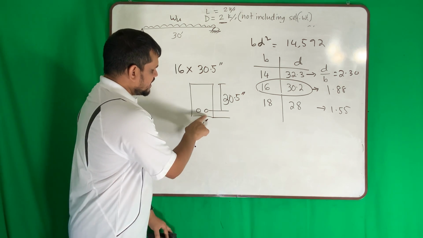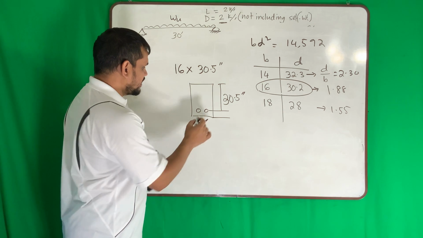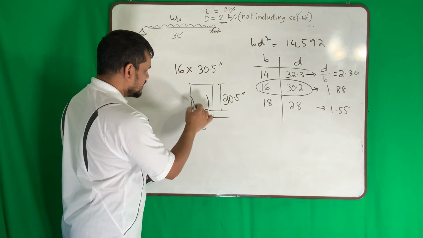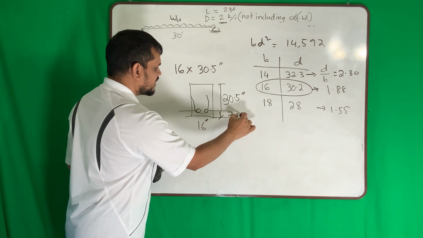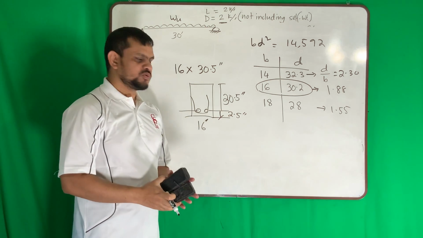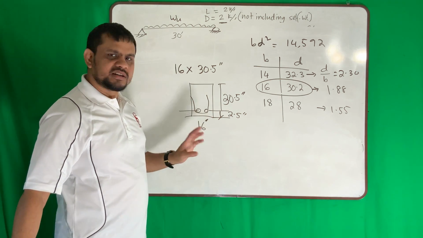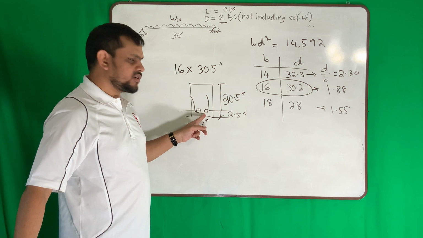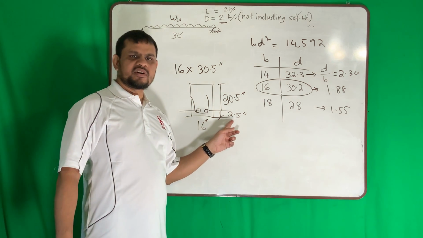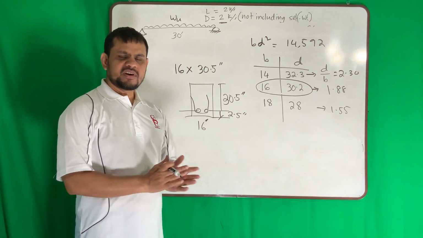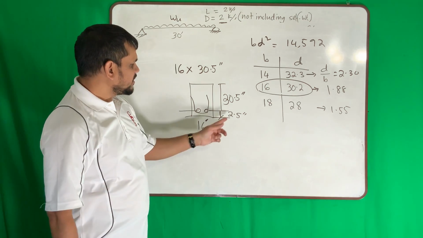Now, you know that there is some clear cover here, some tie here. If we use 2.5, very barely or very tightly, you will meet the cover requirement of 1.5. You can use 2.75 or 3 inch, but 2.5 is a very conservative, very tight design, but 2.5 is okay.